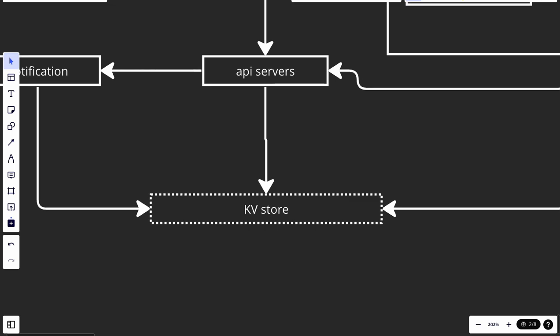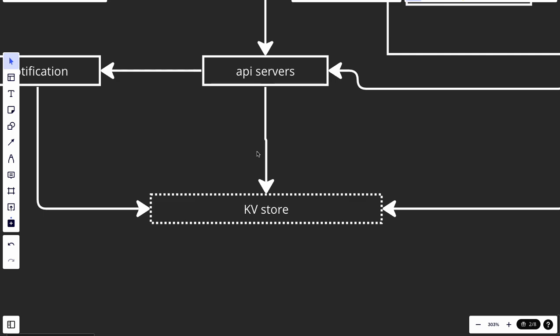So let's start with SQL. A SQL database is a structured query language database. This is what it's short for. It's a type of database system that employs the SQL language for managing and manipulating structured data.